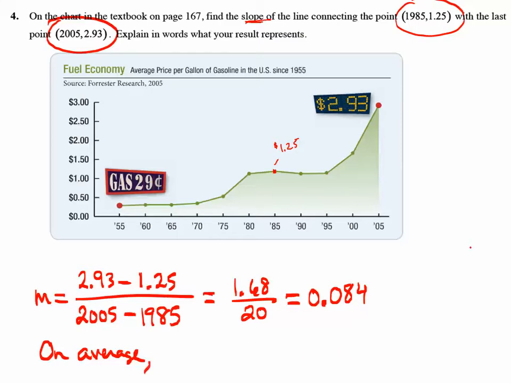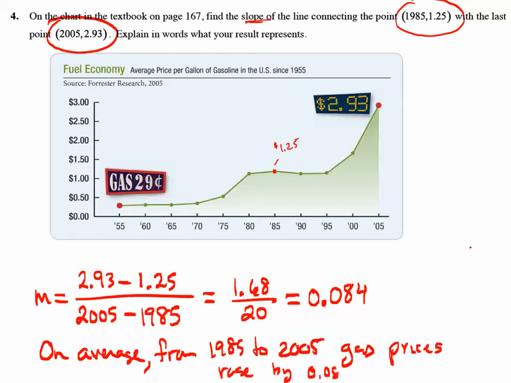So we say on average from 1985 to 2005, because you have to get the years that you did, gas prices rose by 0.084 dollars per year. So that's what a slope technically means. It's the average change over a certain period of time, per year, or per unit of measurement that you're measuring.